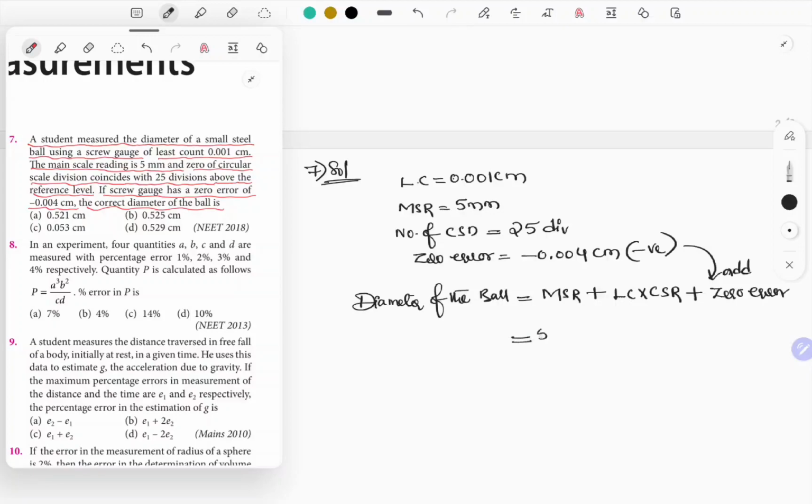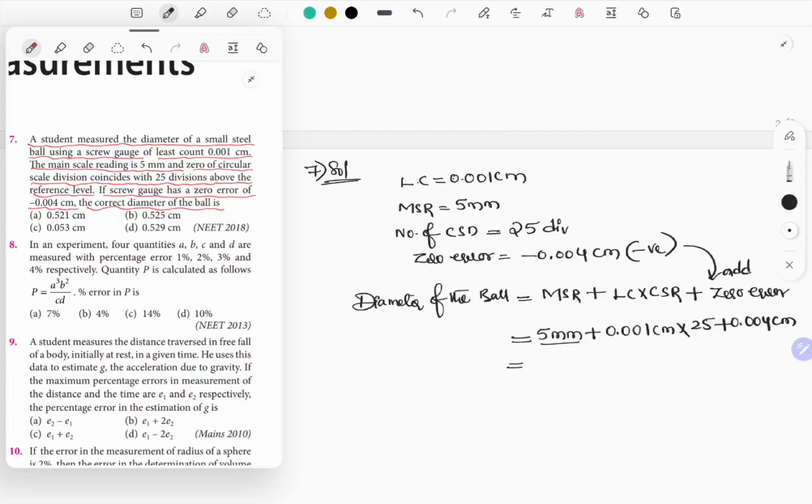So main scale reading is 5 millimeter plus least count is 0.001 centimeter. Number of circular scale divisions are 25 plus 0.004 centimeter. Options they have given in terms of centimeter, so I have to convert this millimeter also into centimeter.